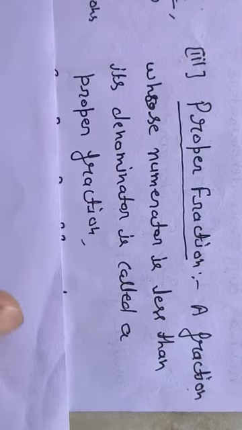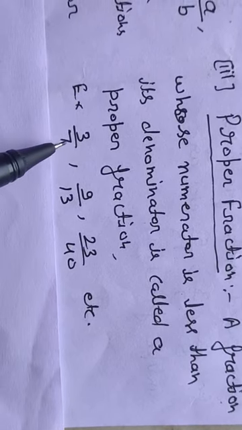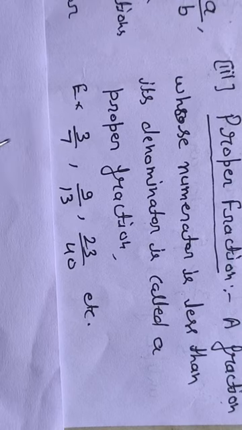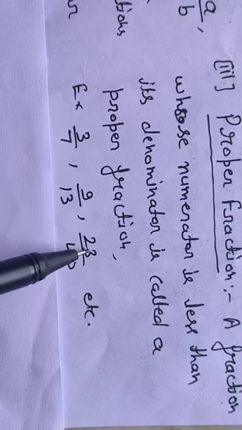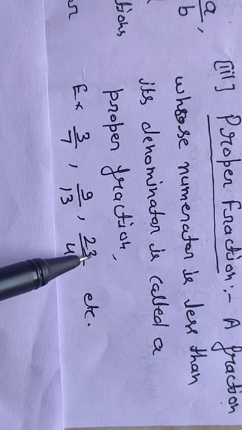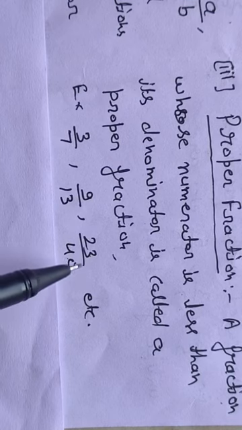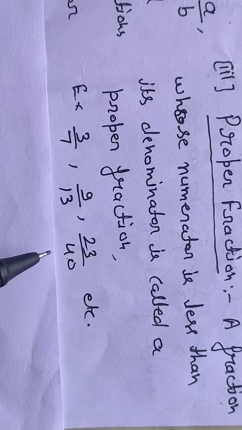For example, 3 upon 7, numerator is 3 and denominator is 7. Numerator is less, so it is a proper fraction. Another example is 9 upon 13, and the last example is 23 upon 40. In this example, 23 is the numerator and denominator is 40, and 23 is less than 40, meaning the numerator is less than the denominator. So such a fraction is called a proper fraction.